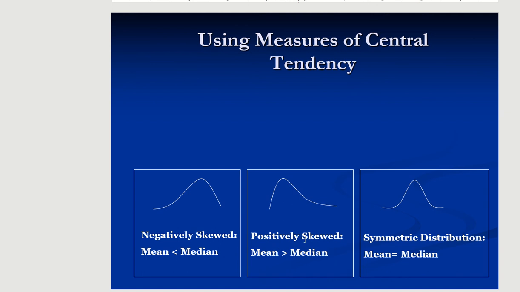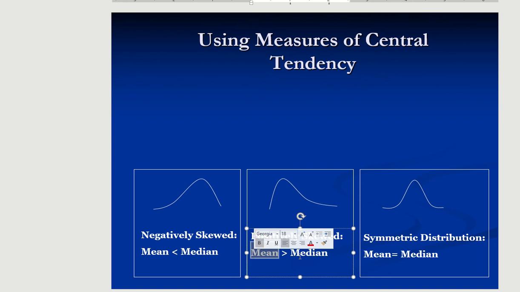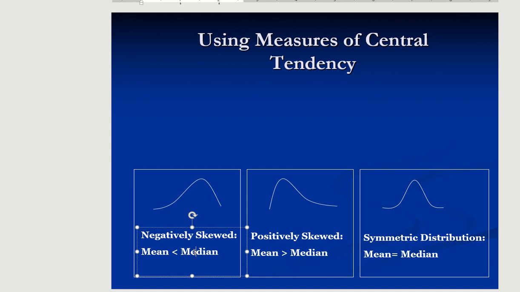Here you have positively skewed data, so you have large values here, pulling the mean much more than pulling the median, and therefore the mean is going to be larger than the median. And here you have negatively skewed data, and you have very small values pulling the mean more than they're pulling the median, and therefore the mean is going to be smaller than the median.